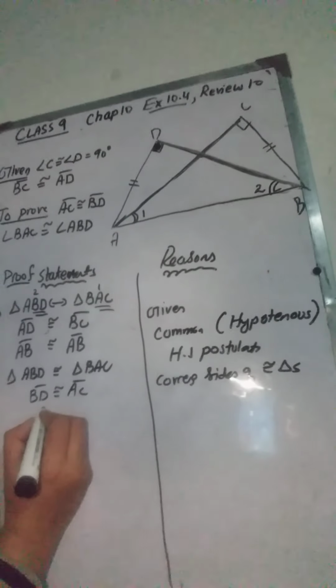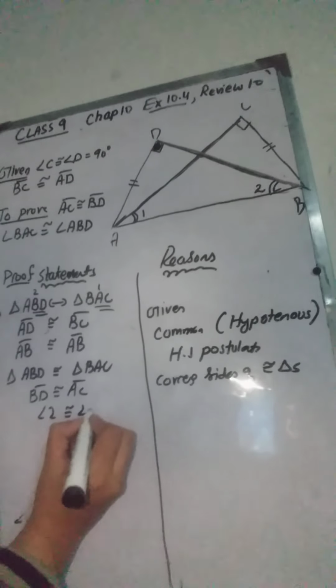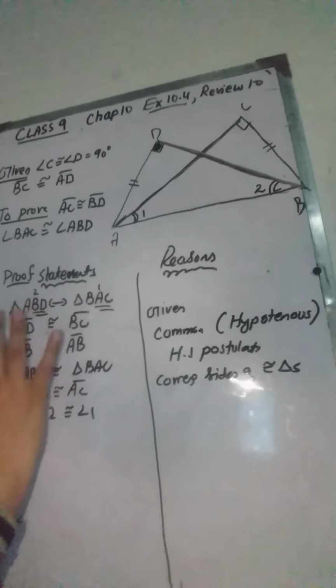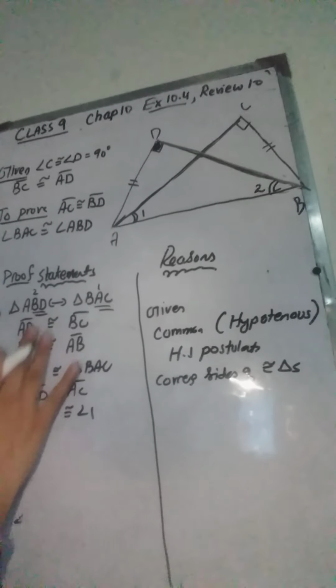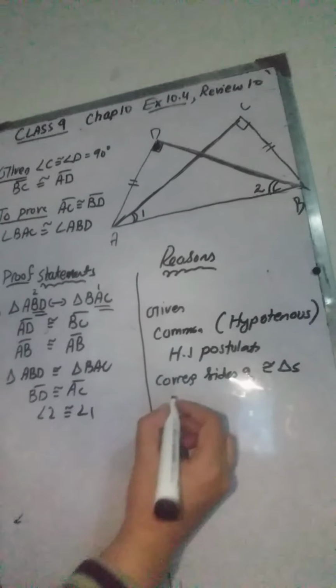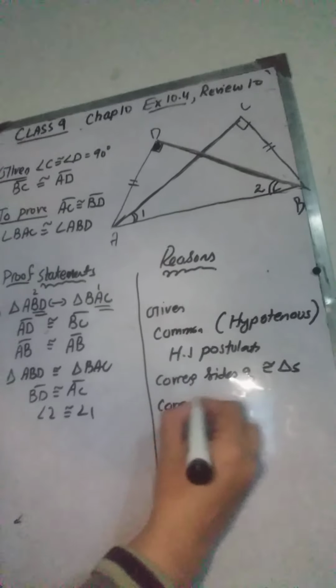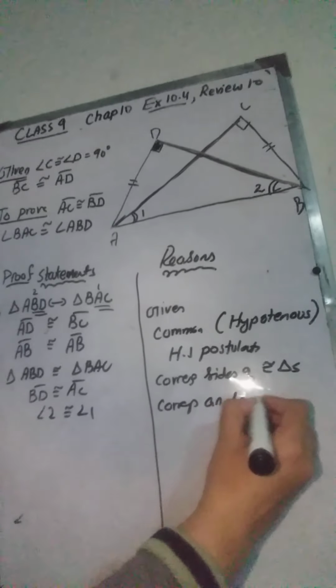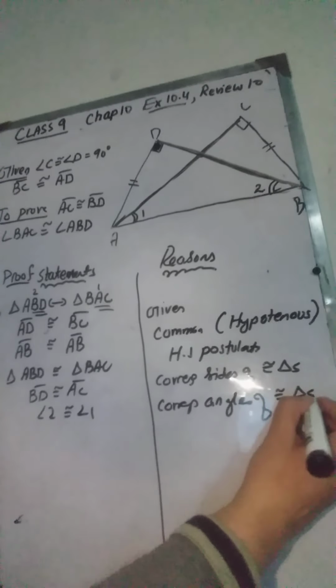So angle 2 will be congruent to angle 1 because these are the corresponding angles of two congruent triangles.